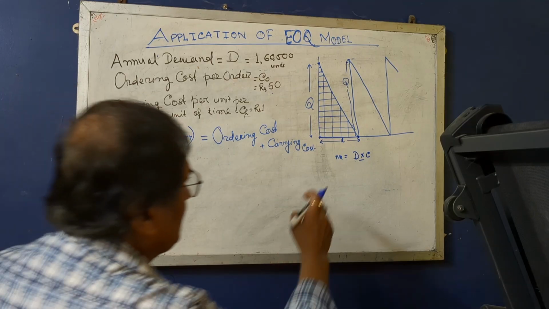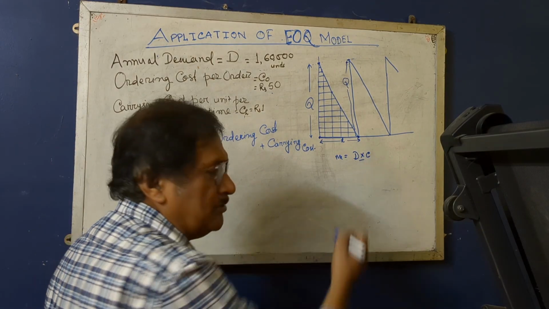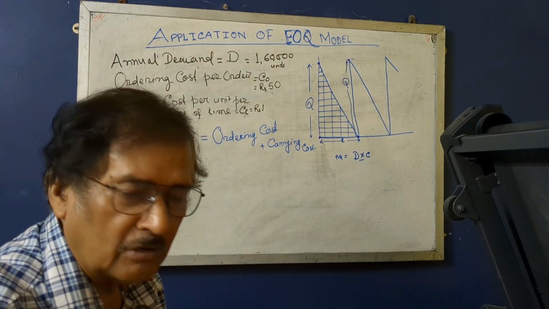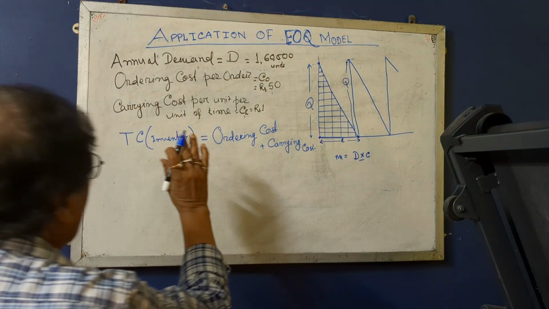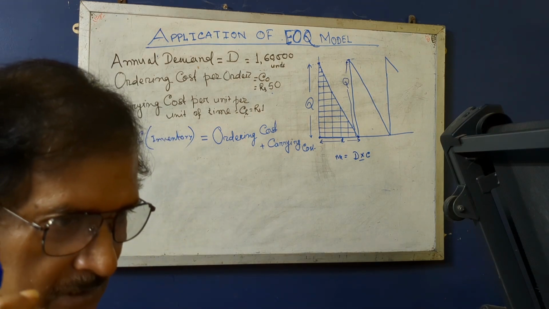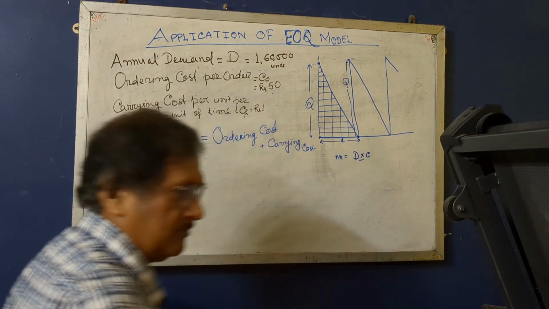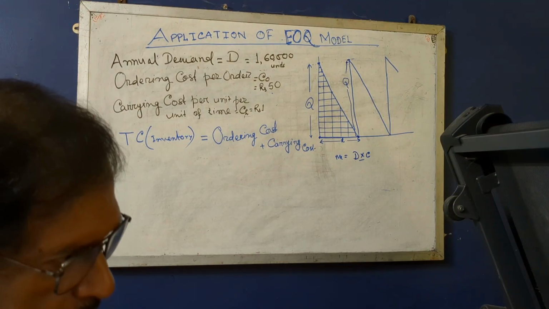Both are constant, both are known, fixed. D demand is known, cost per unit is also known. If there is a discount, that is a separate issue. That's why I am not taking the material cost here, as it is the deterministic cost. You have no choice, you have no decision to reduce it. You have to bear that cost, because demand and per unit cost are known.